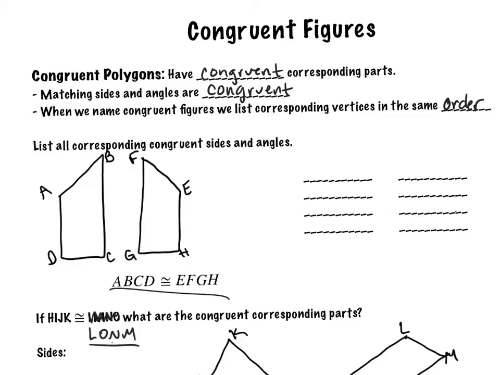When we talk about listing congruent angles and sides, we're going to start with the angles and say angle A is congruent to... A is first, so I go with what's first here. Angle A and angle E are congruent.